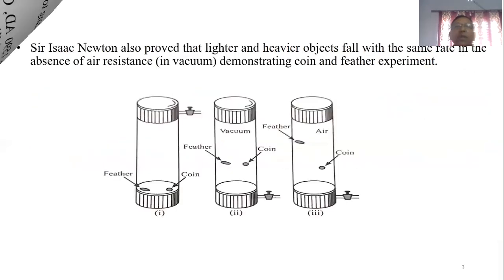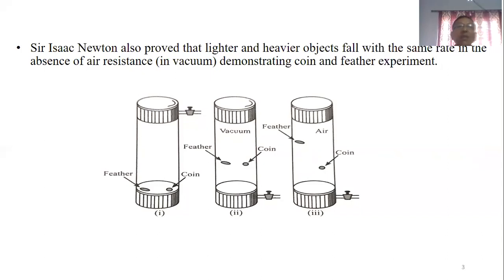Let us go to the next. To prove this theory, Sir Isaac Newton also performed an experiment. Generally, while a very light body and a heavier body are dropped from the same height simultaneously, the heavier one will fall faster than the lighter one because of the air resistance.